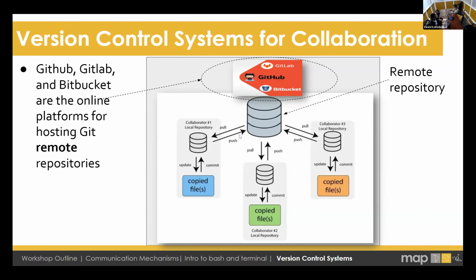In this visual, you can see a picture of three collaborators. At the top we show one of the Git remote services or servers: either GitLab or GitHub or Bitbucket.